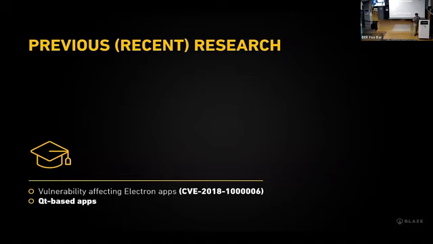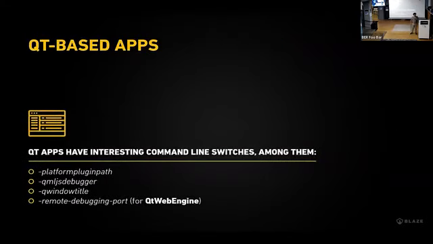But since then, I think there was no bypass for it. Qt-based apps. If you have a native application that's based on Qt, Qt has some interesting command line switches that are still there, although they're not part of the function of the whole thing.